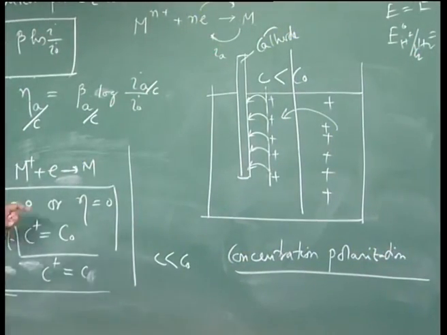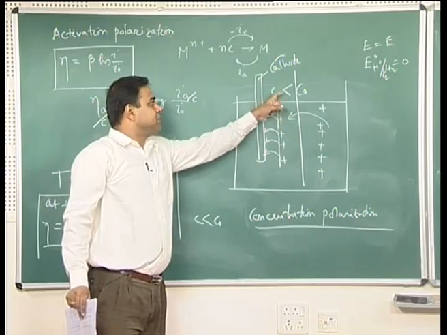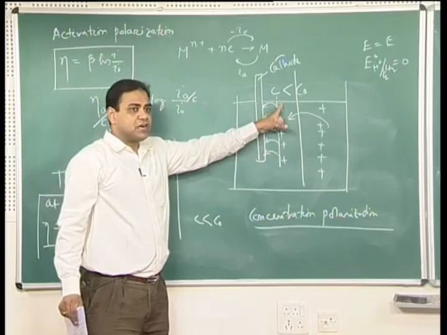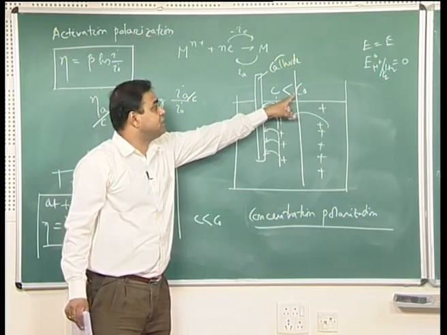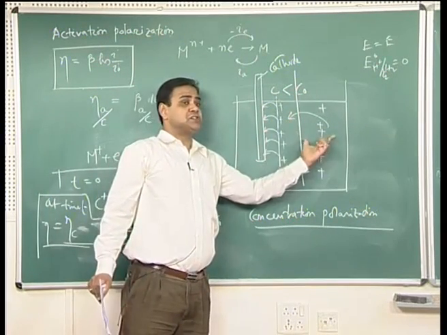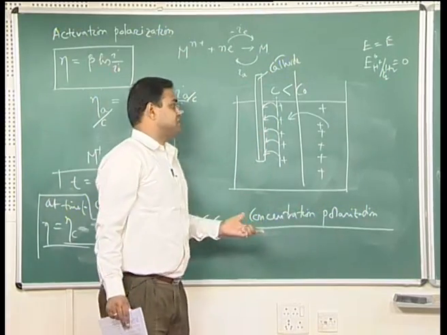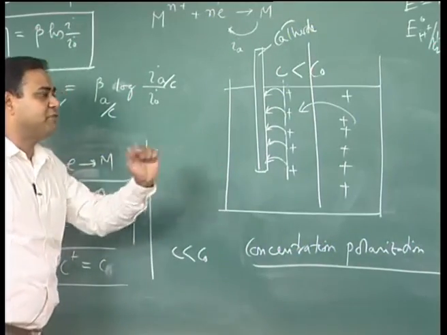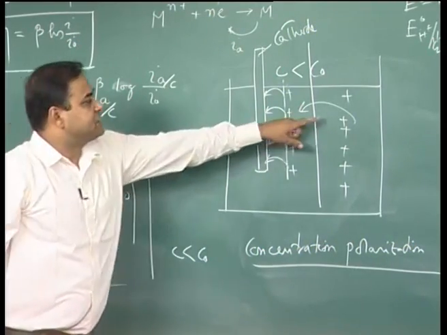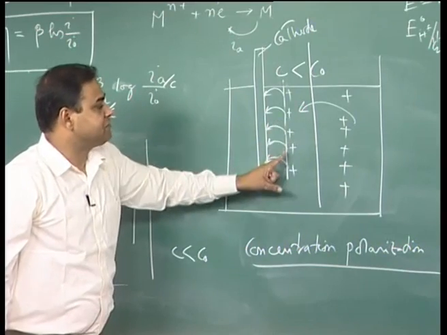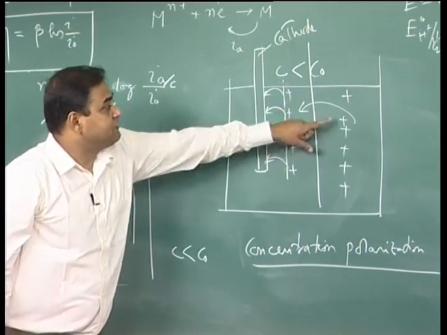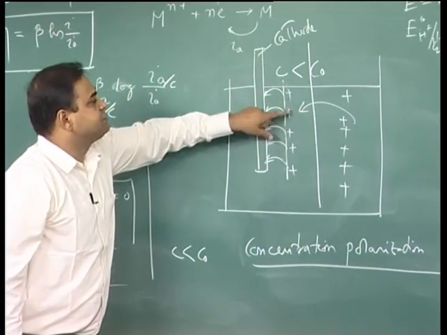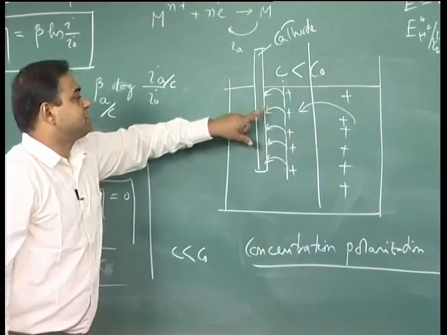Concentration polarization, why? Because after some time, because of this polarization, there is a depletion of metal charge concentration. So C is less than C0, and C0 is still the bulk concentration, which is equal to the initial concentration. That means just at the start of polarization, I see a depletion of metal ion concentration at the interface. So the rate at which diffusion is happening is slower than the rate at which the ion activation jump is happening from this surface to this surface.